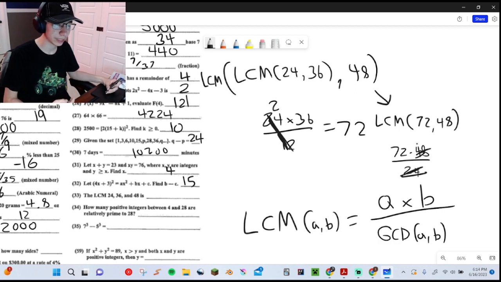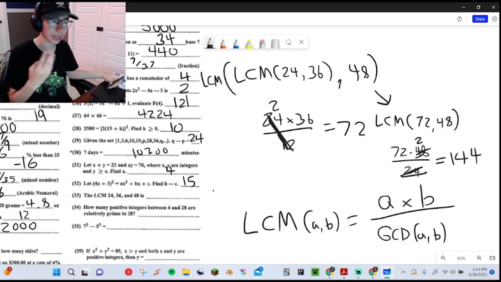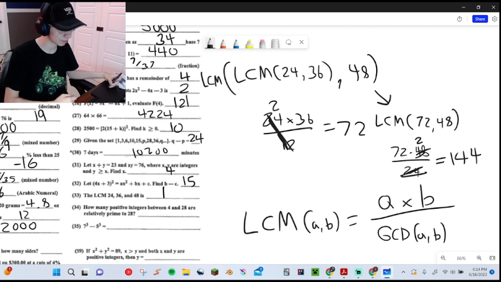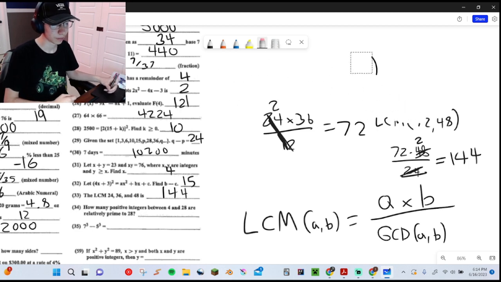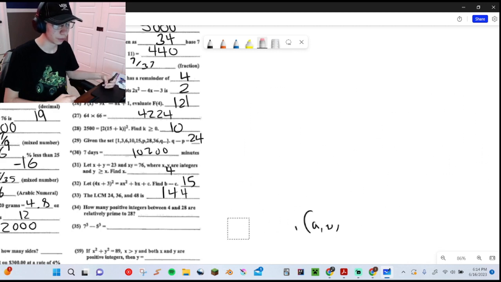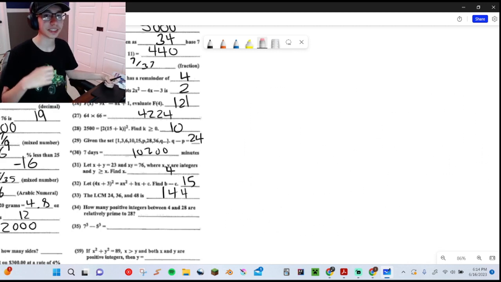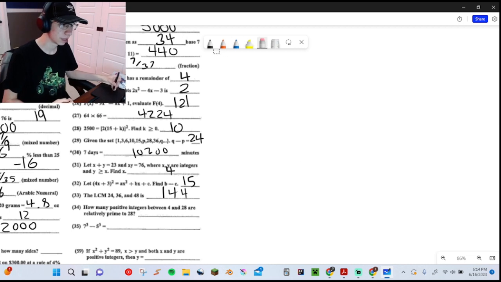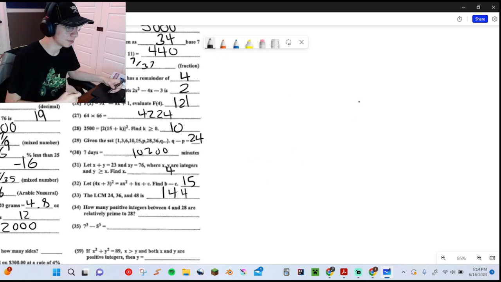I'm going to choose the 48. So 72 times 2, 144. That's my LCM. I recommend practicing writing some numbers, seeing their LCM. Make sure you got the trick in mind.